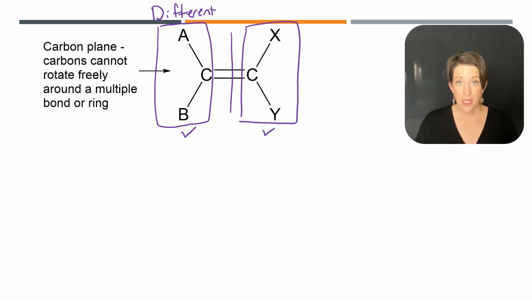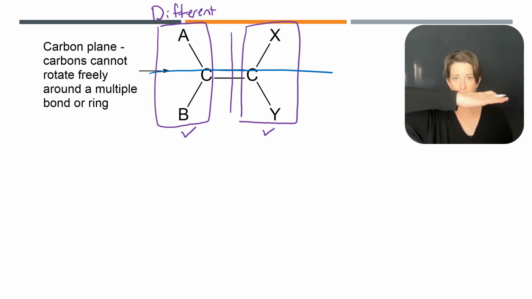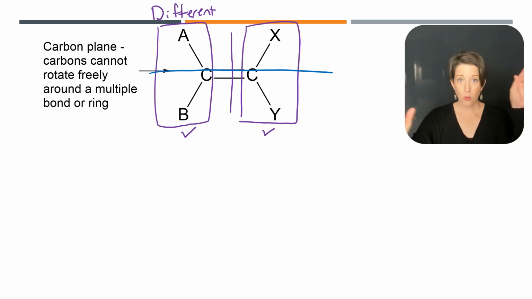If we answer yes to both of these, we then look at that carbon plane where the locked carbons are, whether it's the double bond or the cyclic alkanes. So I lay that line down horizontal because this allows me to track where the longest parent chain is.